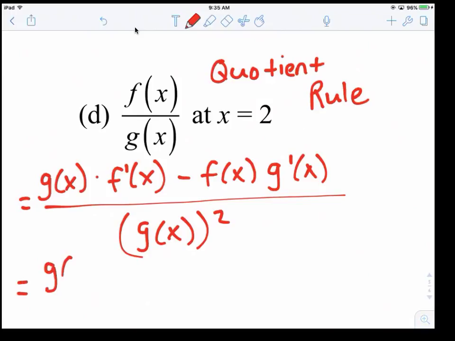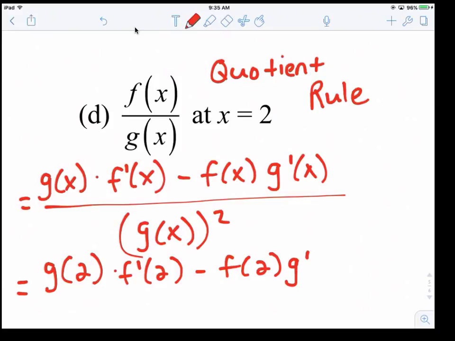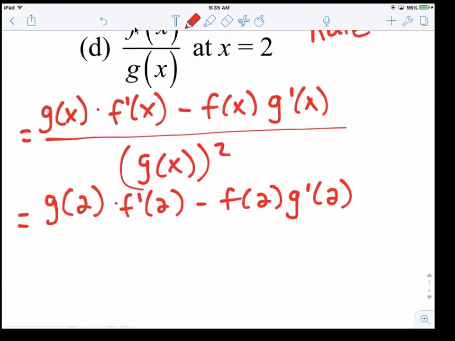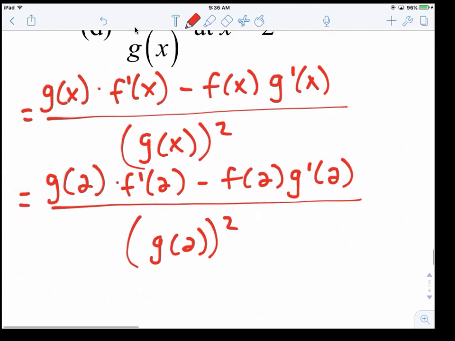So I have g of 2 times f prime of 2 minus f of 2 times g prime of 2, over g of 2 squared.